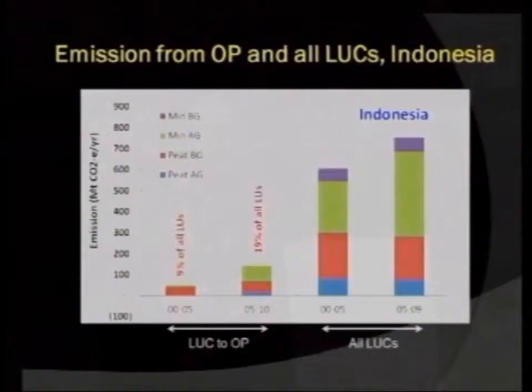This is a comparison of the emission from oil palm plantation compared to all land use change emission. In the first 5 years of the 2000s, it's relatively low, but in the last 5 years, it's picking up.